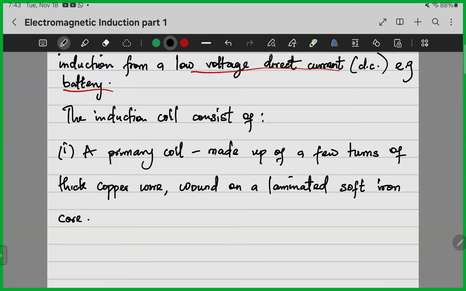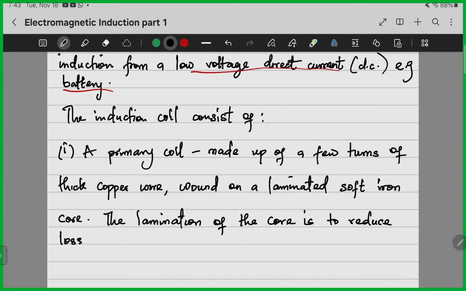Now, please listen attentively at this junction. In the induction coil, the function of the lamination, this thing comes out in multiple choice or OBJ. The lamination of the core is to reduce loss of energy due to eddy current.